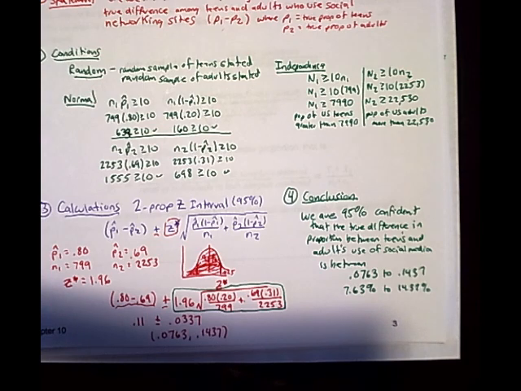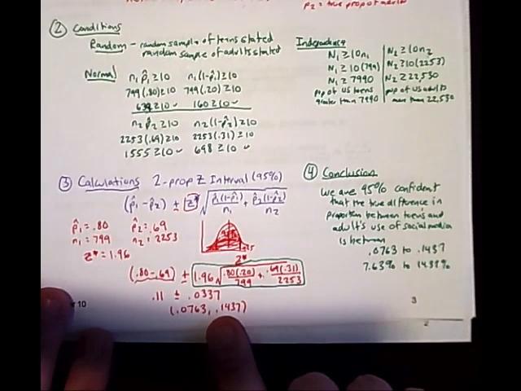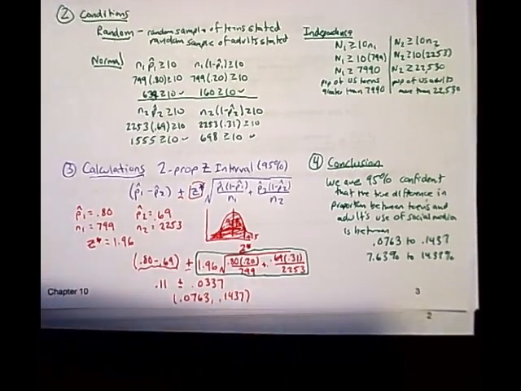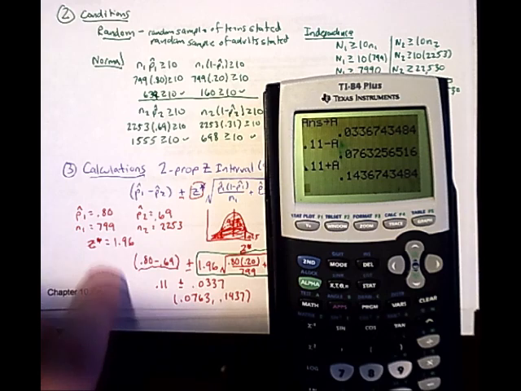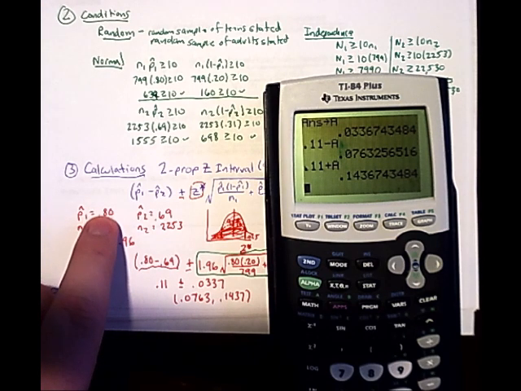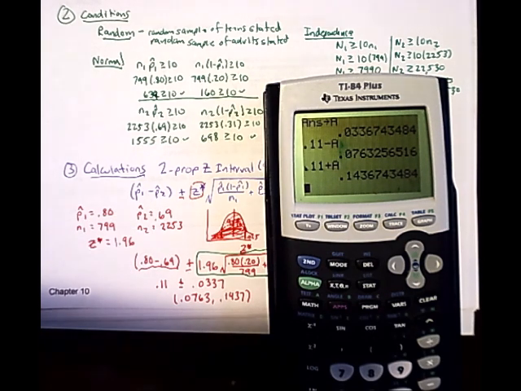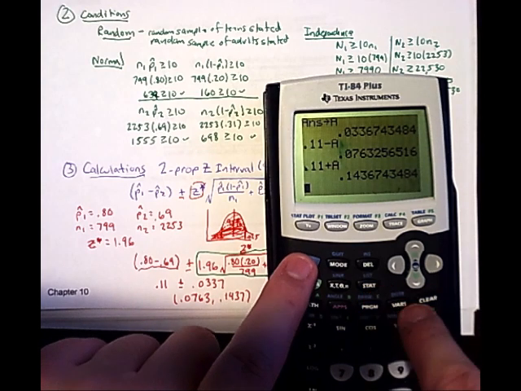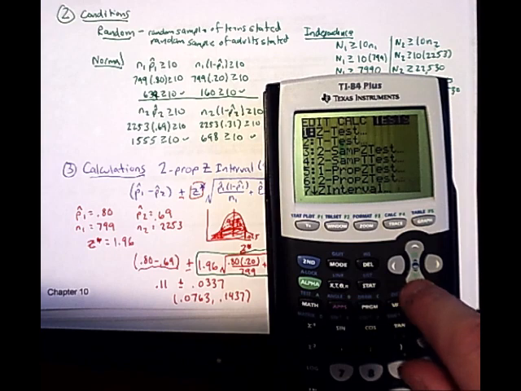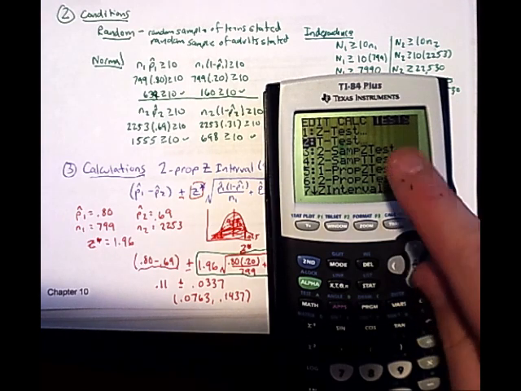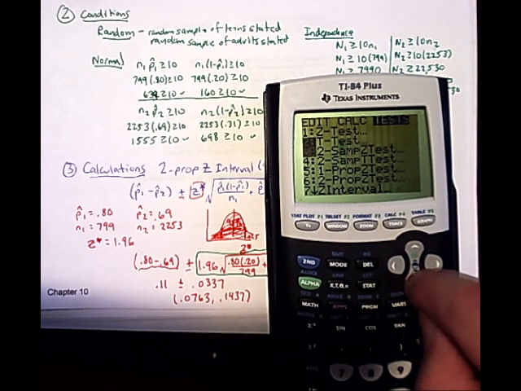Now let's examine our interval on the calculator to make sure we got the right answer. It's going to look kind of weird how you have to input it. They didn't give me number of successes; they actually gave me a percentage here. So it's going to be a little different. If I go stat, go over to test, we're doing an interval, so it's not going to be anything that ends in test.